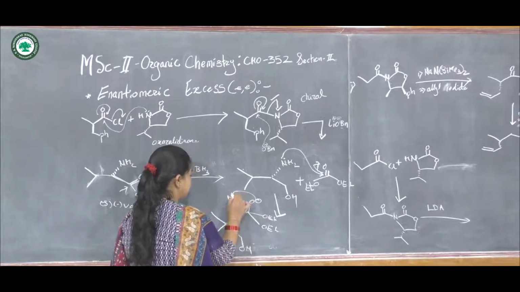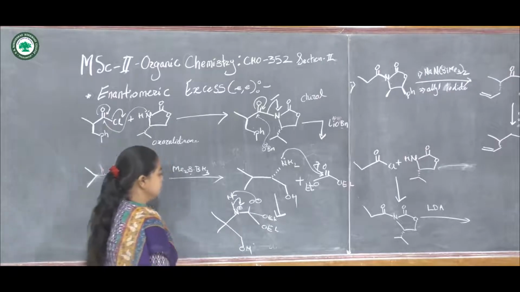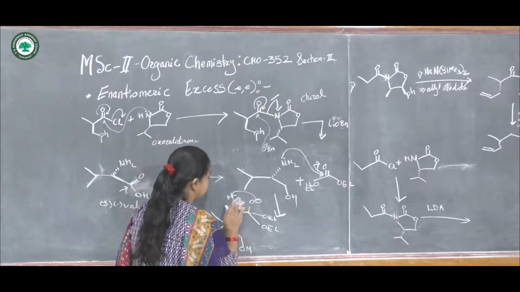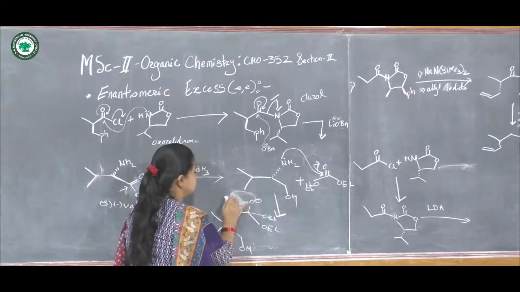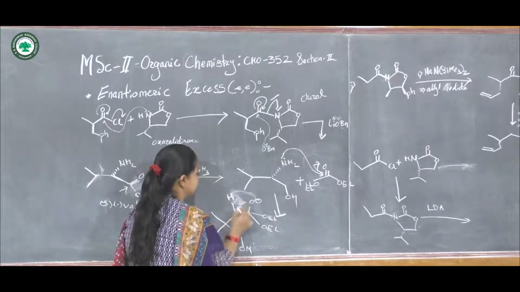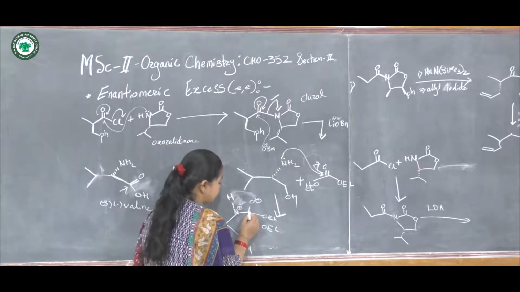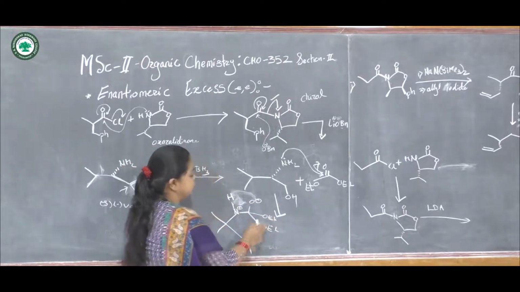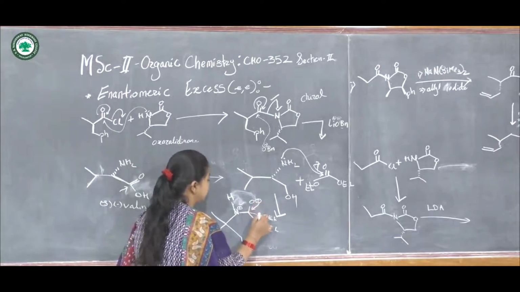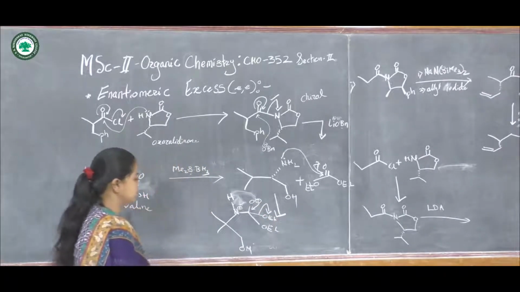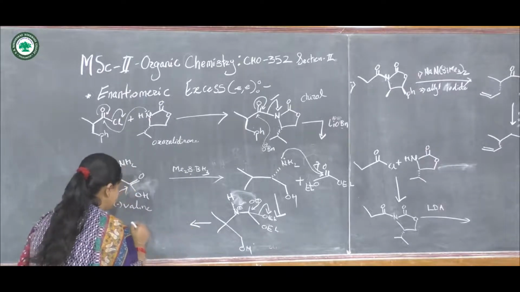Then this proton is removed in order to satisfy the valency of the nitrogen, and in this case it may be removed by the solvent. So here, this O minus, but this compound contains two good leaving groups, OEt. So reversal of the charge may take place, which will remove one of the OEt groups and convert this into the stable compound.